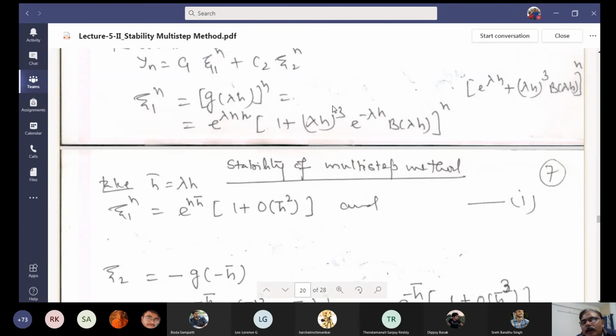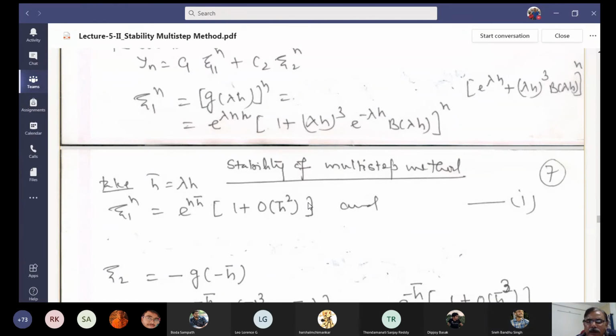Basically, it is a capital order h cube, because e to power minus lambda h will be 1 plus something. So again, that (lambda h) cube term will be there. Actually it is h bar cube, but we don't require beyond that. So we just write capital order. You may write capital order h cube also. There is no trouble at all. Right? Is that clear, sir?